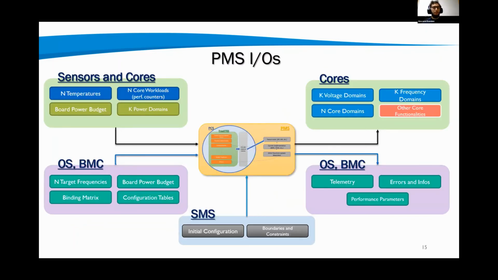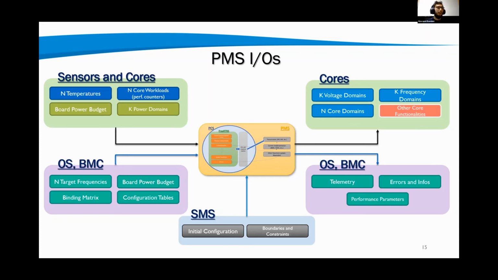The IOs of the PMS are these. We take some inputs from the sensors and the cores, like the temperature of the components or some performance counters from the cores or the power consumption from the VRs.